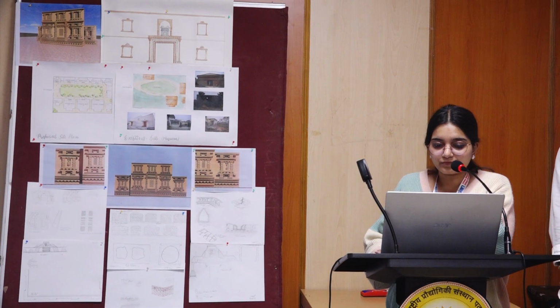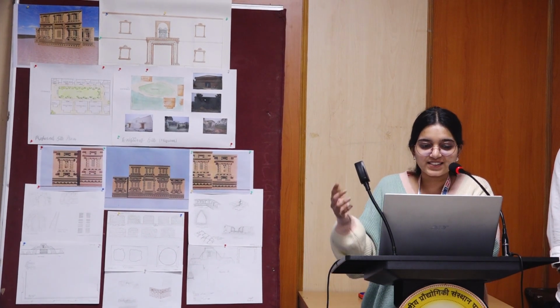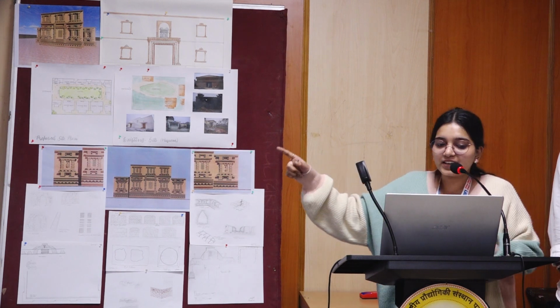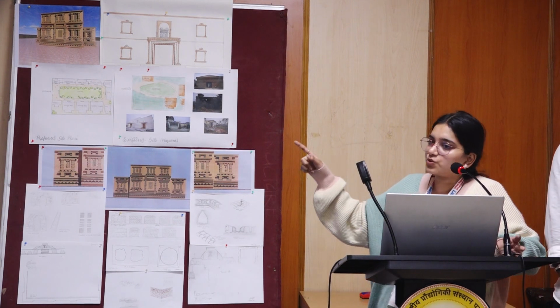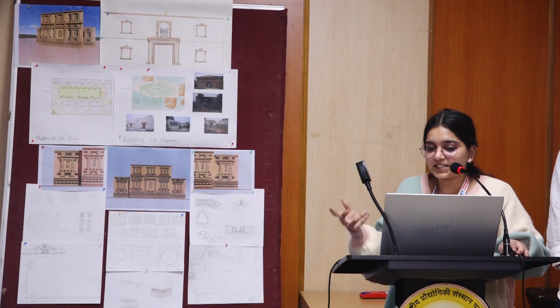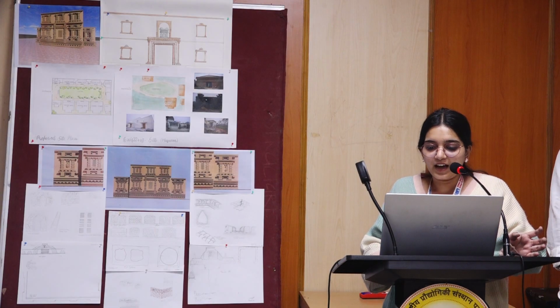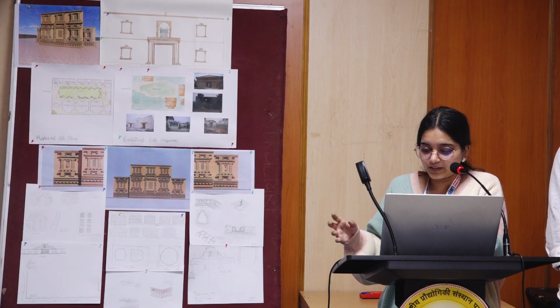There are a few elements that I would like to share. This checker pattern that you see is from temple 14, which was present at the site, and the idea and philosophy were taken from there. We have more examples.